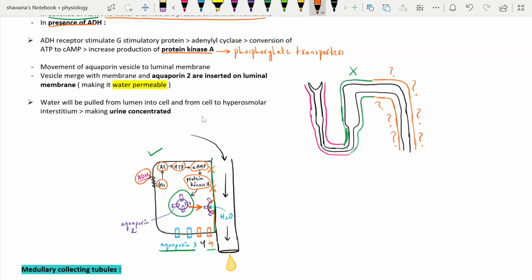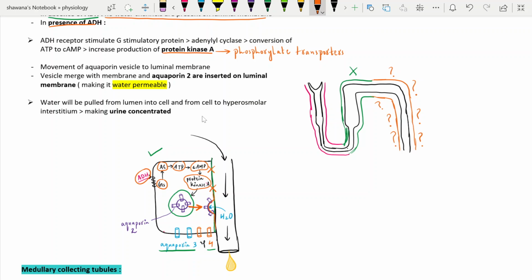It means that under the influence of ADH, the luminal membrane starts to become water permeable, and water will be pulled from the lumen into the cell and from the cell into the hyperosmolar interstitium. As you know, the interstitium in the medulla of the nephron is highly hyperosmotic.